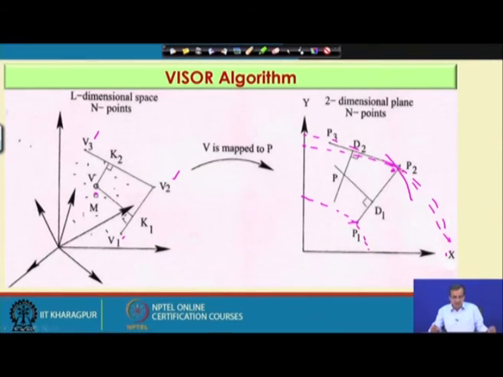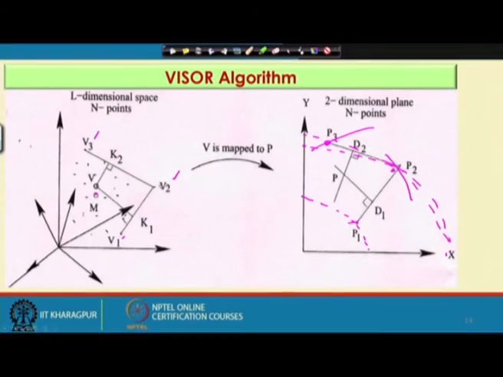Once I have got P2, I can use the Euclidean distance between V2 and V3. We consider P2 as center and that distance as the radius. We draw one circular arc and you will be getting this point P3. So, corresponding to V1, V2 and V3 in higher dimension, I am getting P1, P2 and P3, these 3 pivot vectors in lower dimension.